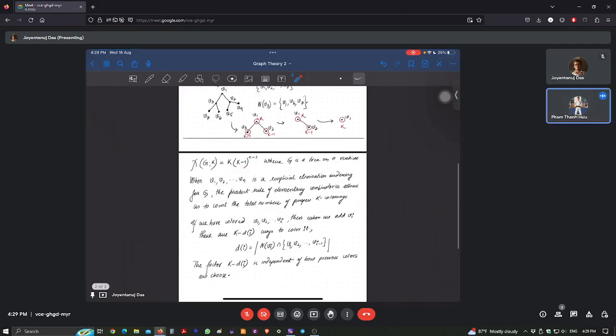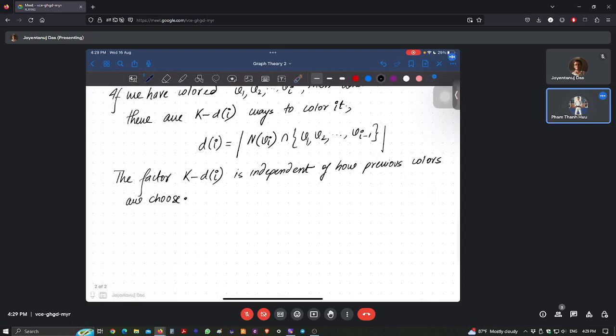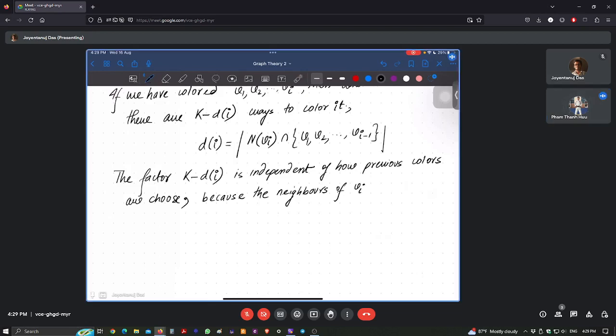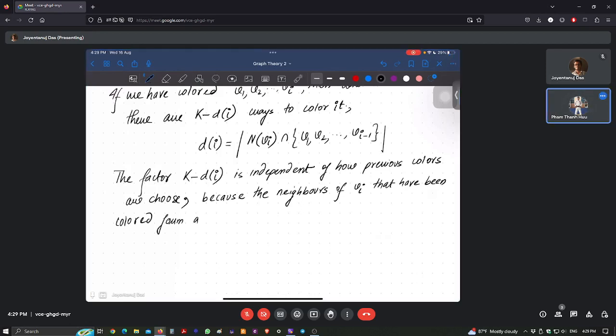Let me complete this. The previous colors are chosen, because the neighbors of vi that have been colored form a clique of size d_i and have distinct colors.